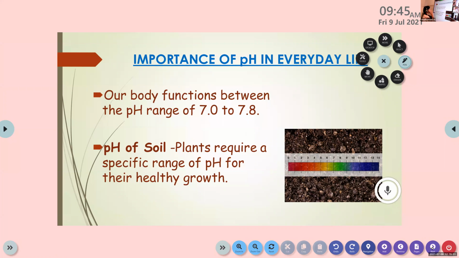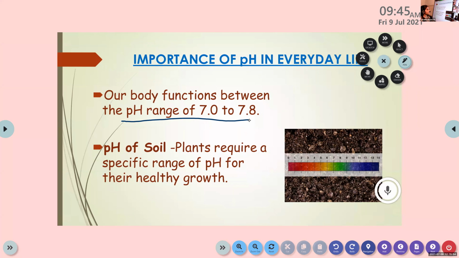So, the importance of pH in everyday life. First point, we know that our body functions are based on a certain pH range, right? Our body functions between the pH range of 7 to 7.8. Clear?